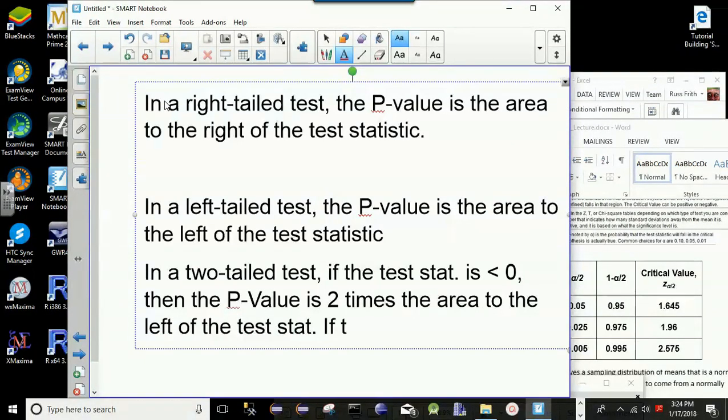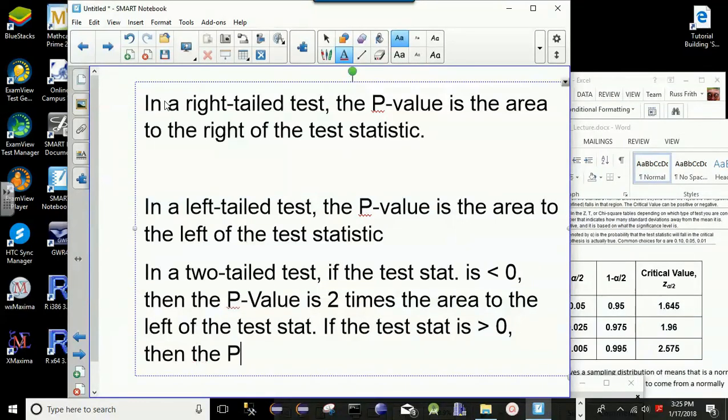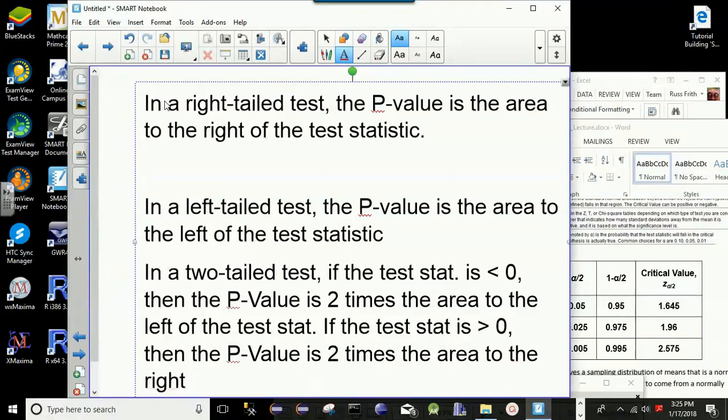If the test stat is bigger than 0, then the p-value is 2 times the area to the right of the test stat. All right, so 3 things here to know. Know these 3 things.